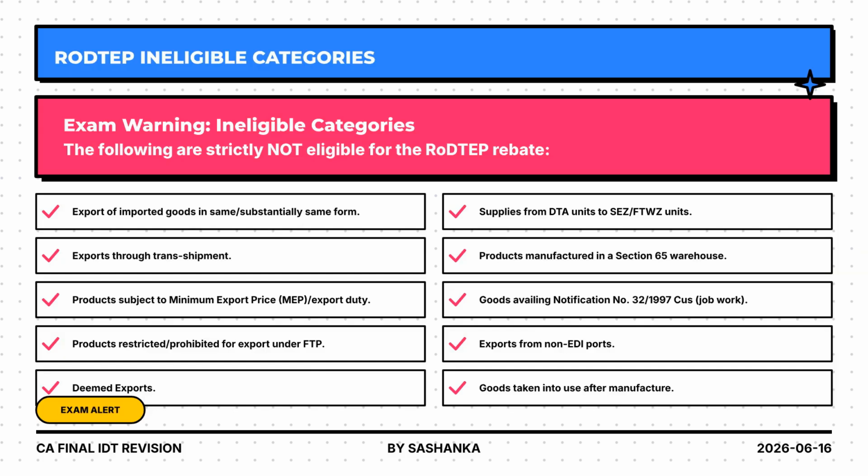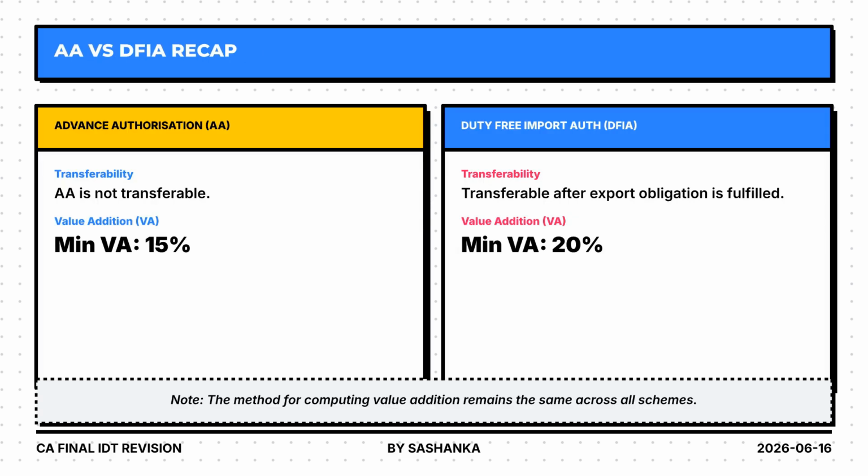Whenever you see a practical question involving RODTEP, your first step should be checking whether the transaction falls into any of these exclusion categories.